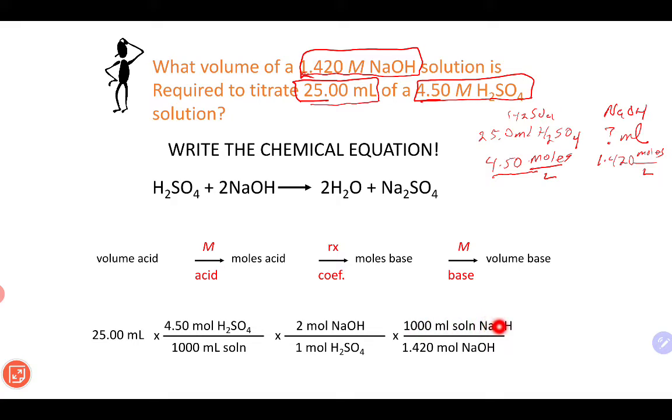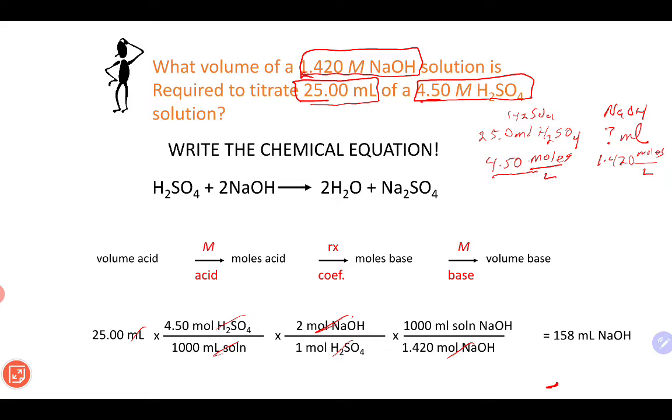It's for every 1,000 milliliters of solution, there's 1.420 moles. But this is still the molarity. Now, if I cancel all the units, milliliters of solution cancels there, moles of H2SO4 cancels there, moles of NaOH cancels there, and I get 158 milliliters of NaOH.